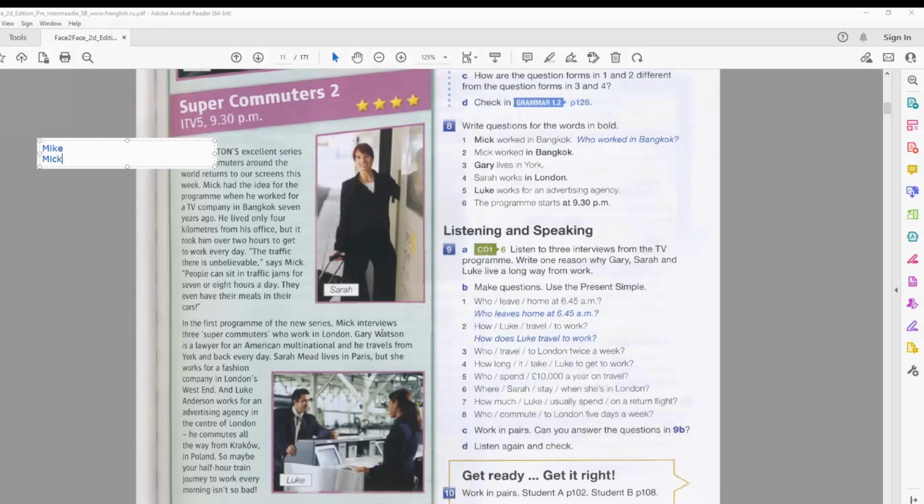The traffic there is unbelievable, says Mike. People can sit in traffic jams for 7 or 8 hours a day. They even have their meals in their cars.